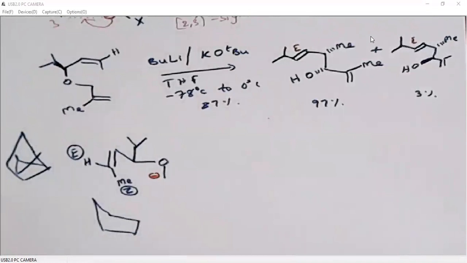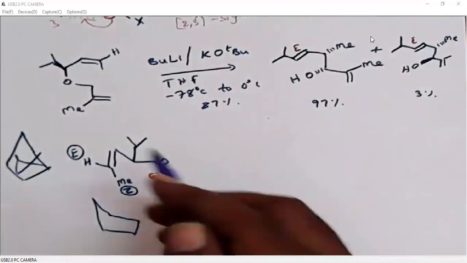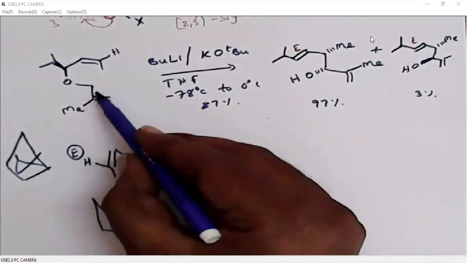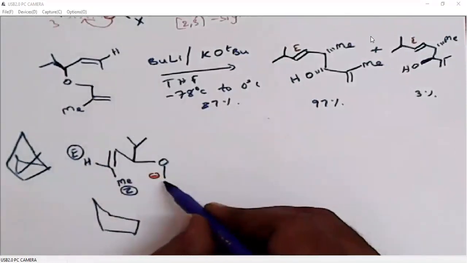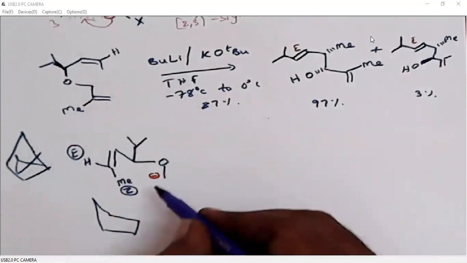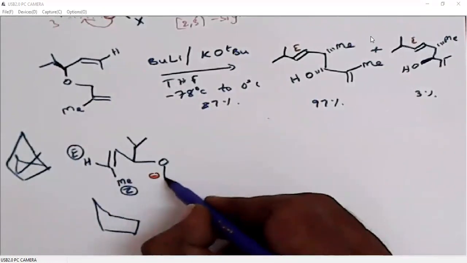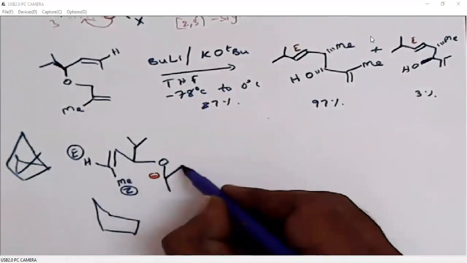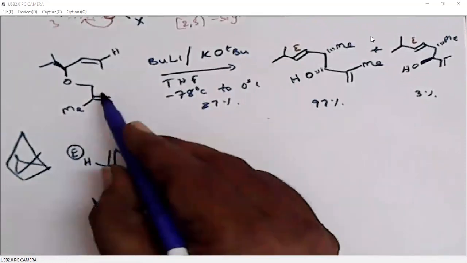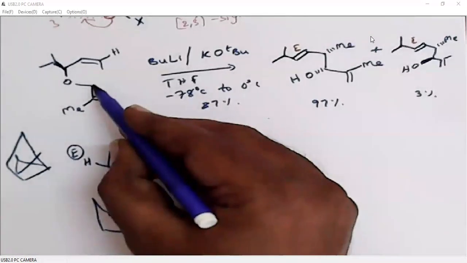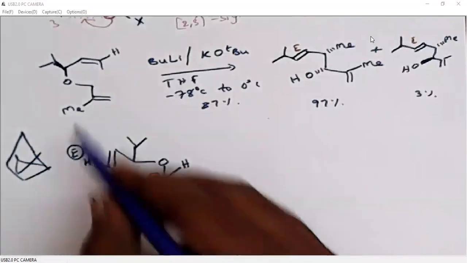Now, how do we write the hydrogen and this alkyl group? When you want to write the products here, we need to write these two groups, hydrogen here and then this alkyl group.